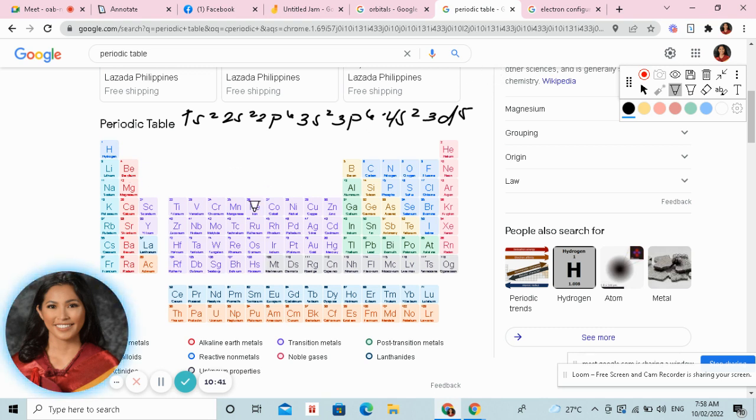Now, if you are going to look on the periodic table lang, then what if we will write the condensed configuration of your NB? NB. Condensed configuration of NB.